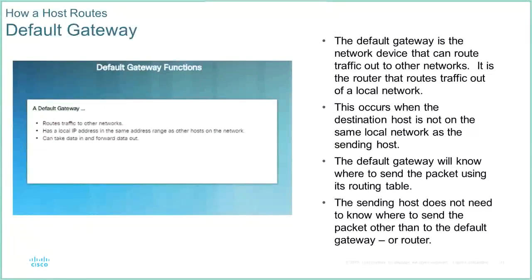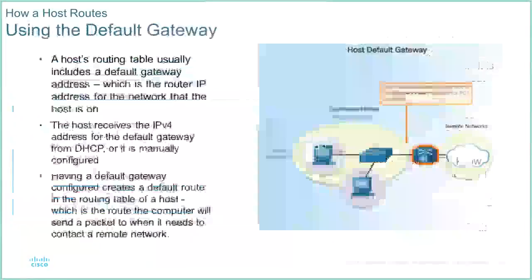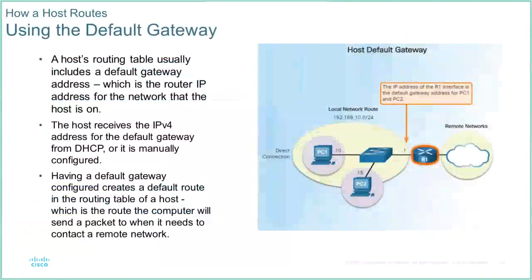And basically, if the destination address is not within the host local routing table, it will forward it to the default gateway. The default gateway will then determine what to do with the packet. It will look at the destination IP address and determine whether it has a path for it to be forwarded along.